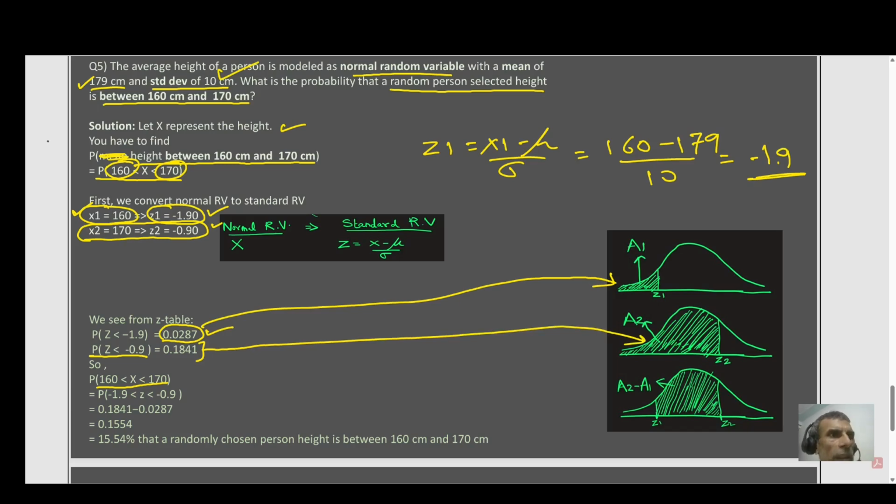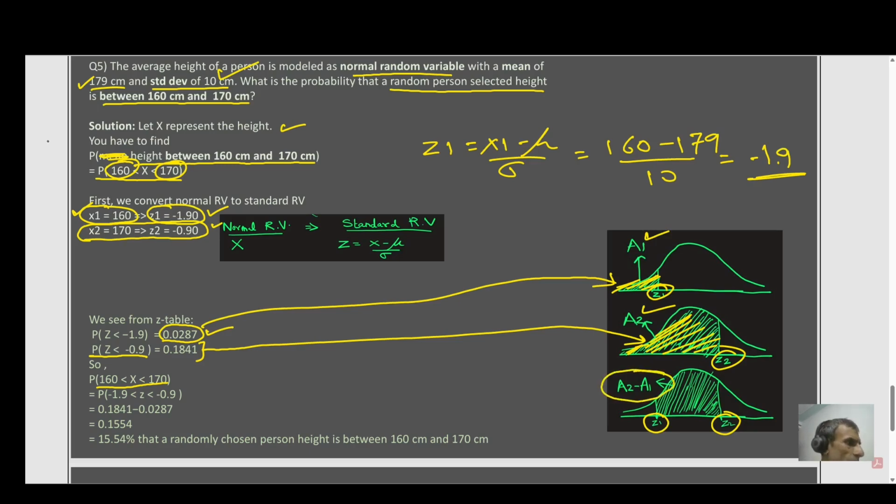So you have to find the area between z1 and z2. This one right here is your z1 area, and this right here would be your z2 area. We just find this answer using a z table, or standard normal distribution table. So you know your A1, you know your A2. What is the area between A2 and A1? That represents the probability that your value is between z1 and z2, and you can find that using A2 minus A1.